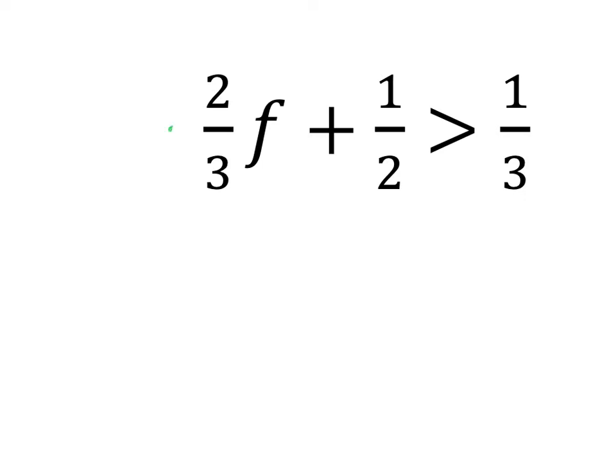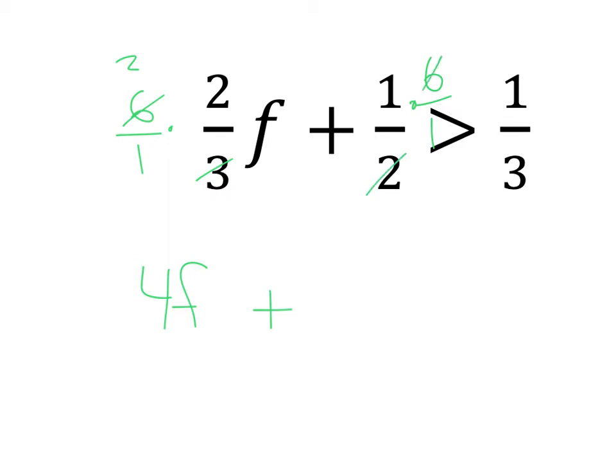If I multiply 2/3 by 6 over 1, watch what happens. 3 goes into 6 twice, and then 2 times 2f would be 4f. Bring the plus sign down from right here. And now I also have to multiply this half times 6 over 1.